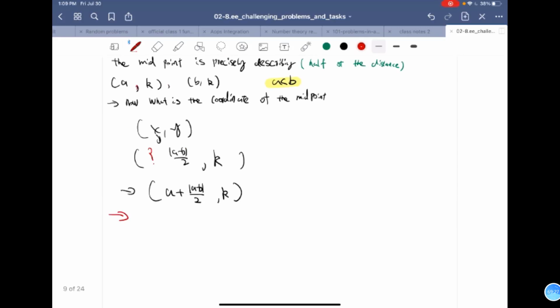If B is greater than A, what does the absolute value of A minus B simplify into? Wait, could you repeat that?